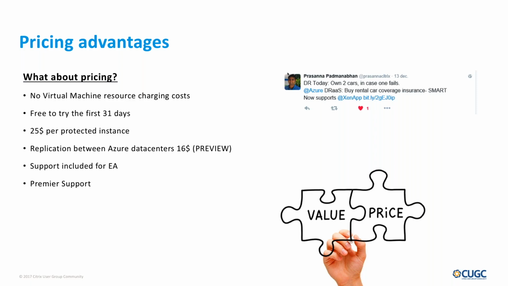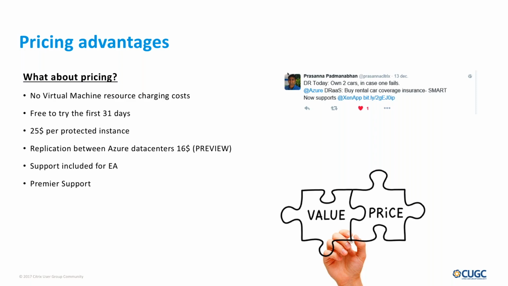Replicating between Azure data centers is cheaper. It's $16 or 20 euros, out of my head, I guess. Also nice to mention is the tweet of Prasanna of 13 December, where he mentions the new way of thinking of our public cloud replication.